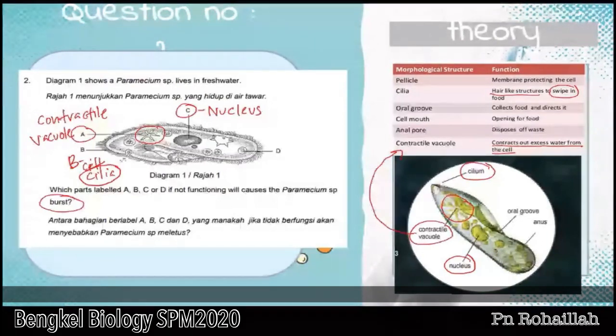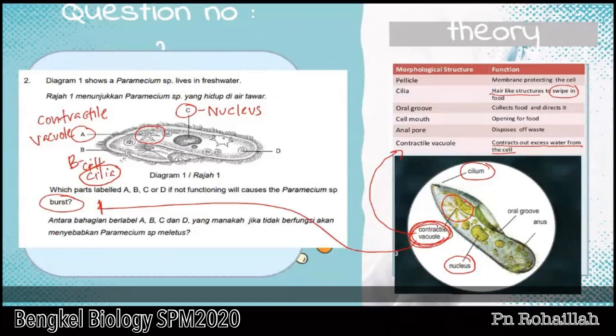So because of this, okay, contractile vacuole is not function, then yes, it may lead the paramecium to burst. Understand? So the answer is A. Boleh? Janganlah sebab you betul sebab you tembak. Saya harapkan you betul sebab you understand the concept or the theory behind the questions. Boleh? Okay, next. Number 3.